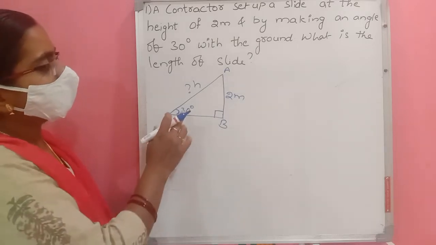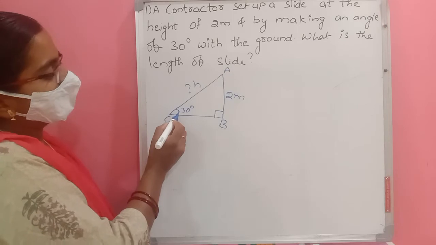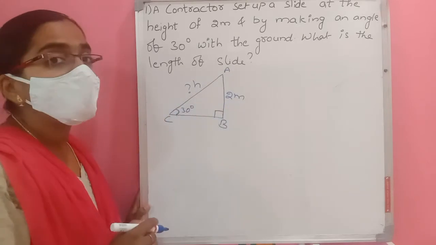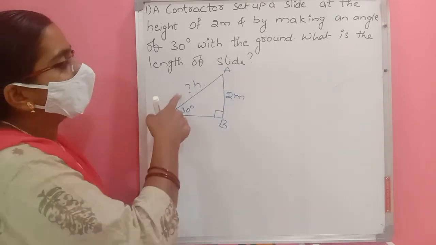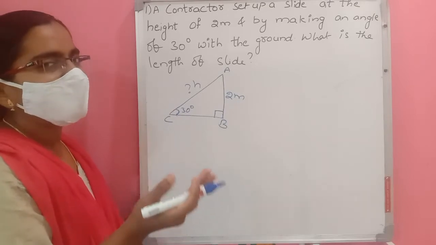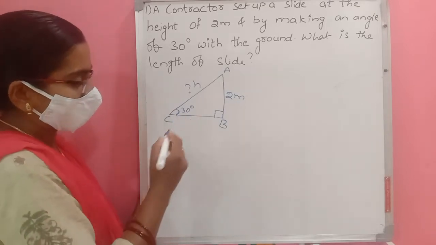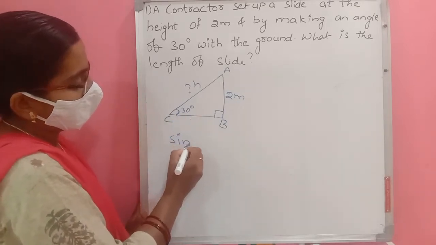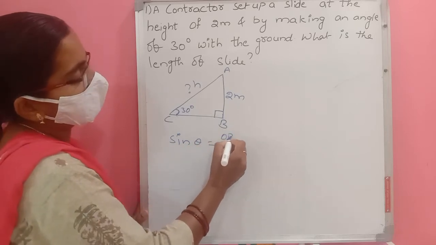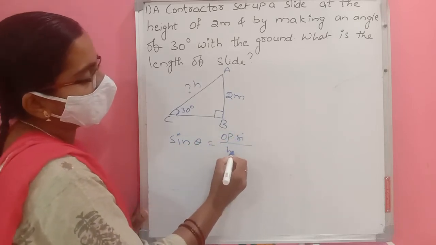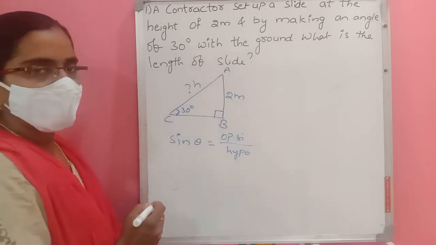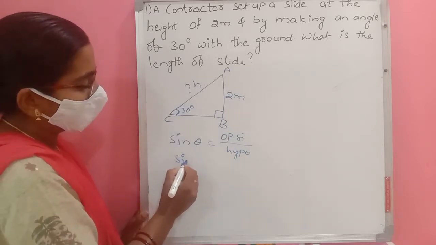Simple. Here we know this angle, we know the opposite side, and we have to find the hypotenuse. Opposite side and hypotenuse, what do we have? Sine. Sine theta is equal to opposite side by hypotenuse. The angle here is 30 degrees.